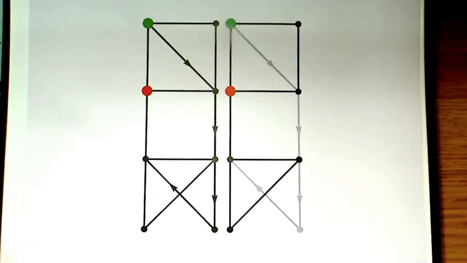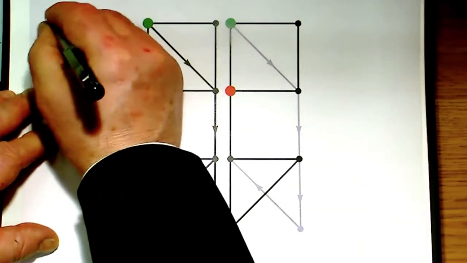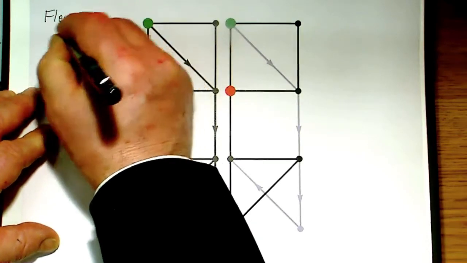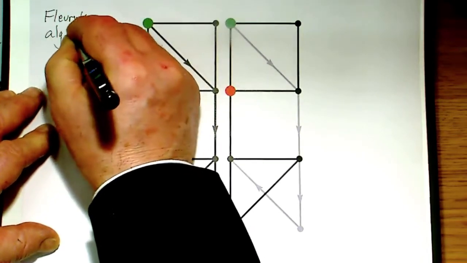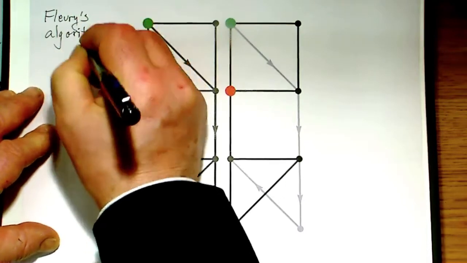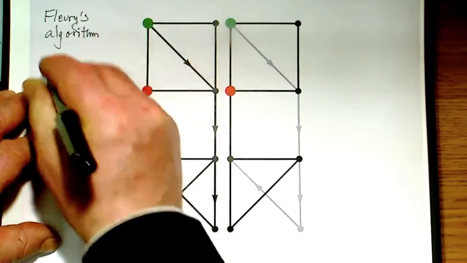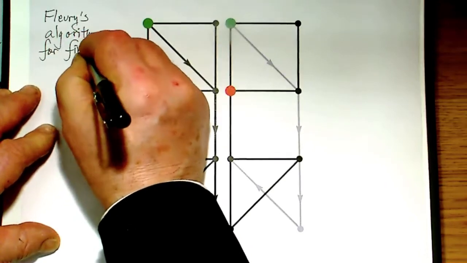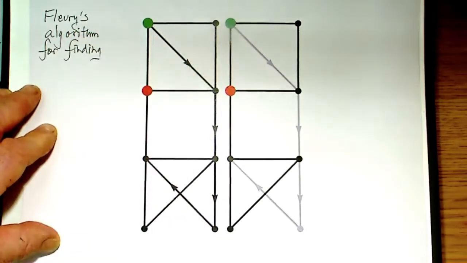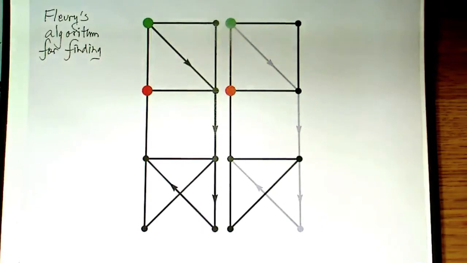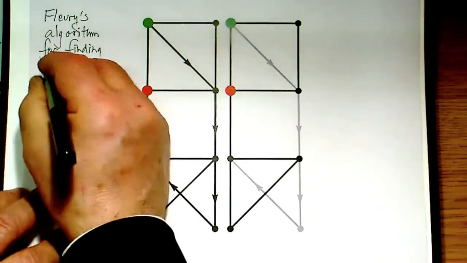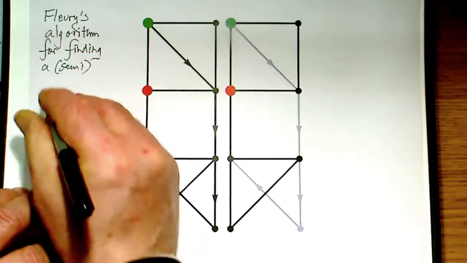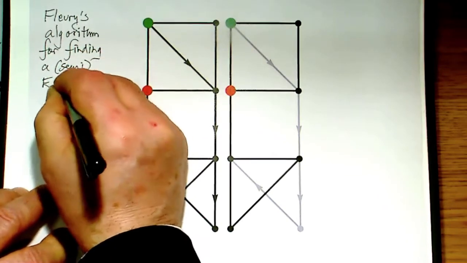Okay, so I'm going to describe something called Fleury's Algorithm for constructing or for finding a Eulerian or also semi-Eulerian trail, if you don't have an Eulerian trail.